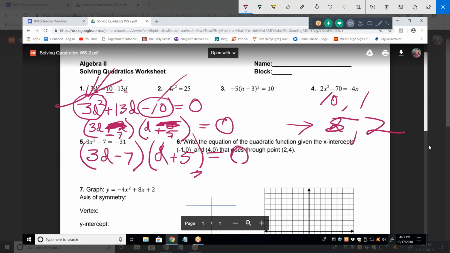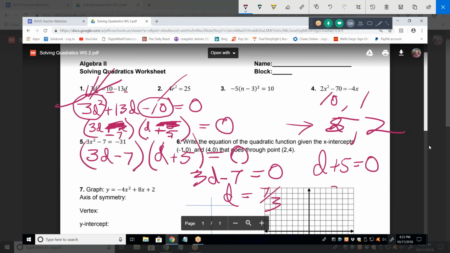We set 3d minus 7 equals 0, which gives you a d of positive 7/3. And then we set d plus 5 equals 0, which gives you a d of minus 5. Those are both answers to that quadratic. If you go back to that quadratic and plug in either one of these answers, it will be equal to 0.